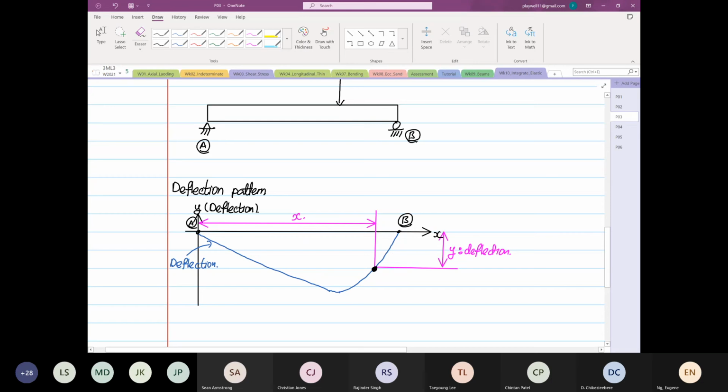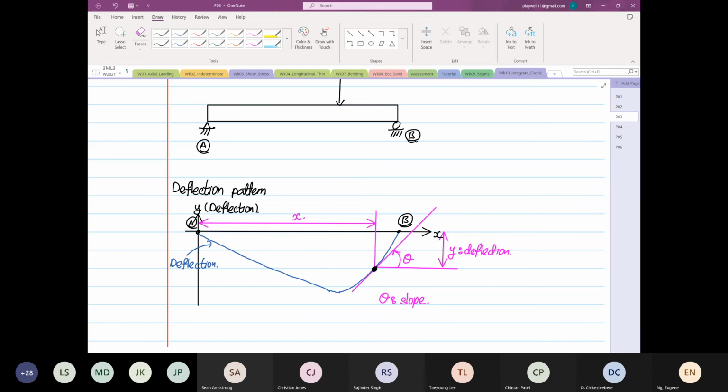And not just that, if I were to sketch a tangent at a point, not a gradient, a tangent, the tangent over here will be our slope. So theta is the slope. That is what we mean by slope.